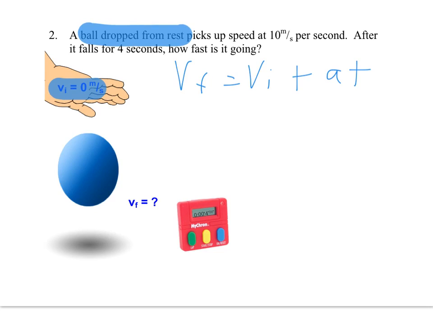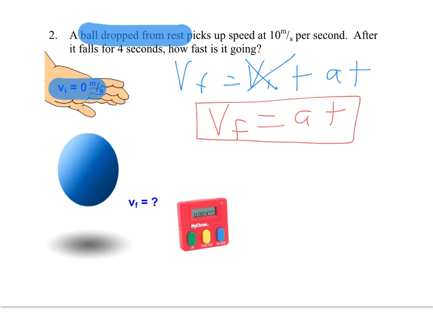In which case that initial velocity shrinks to 0, and this becomes a simplified version of what we learned in class as the freefall equation: instantaneous velocity equals acceleration times time. This is our symbolic equation. Substituting in my values, 10 meters per second is the acceleration of gravity, so I can write that as 10 meters per second squared.